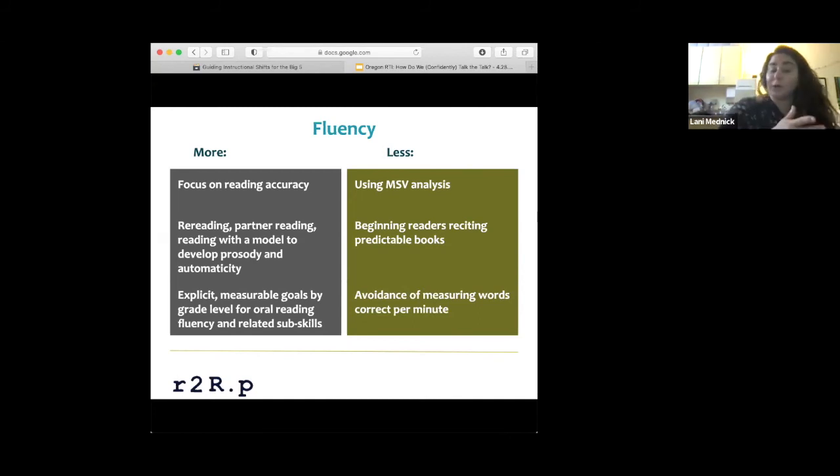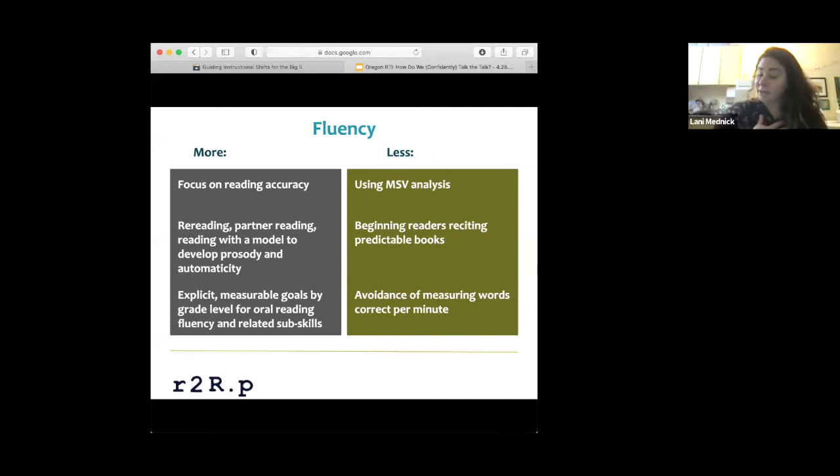And at first, we don't want them to read faster and faster. We want them to focus on accuracy. But over time, we want them to develop that speed. And we want them to get to reading like they're speaking. It's about 60 words correct per minute that we move away from disfluent reading to fluent reading in the sense of understanding and being able to attend to meaning, which is our ultimate goal.